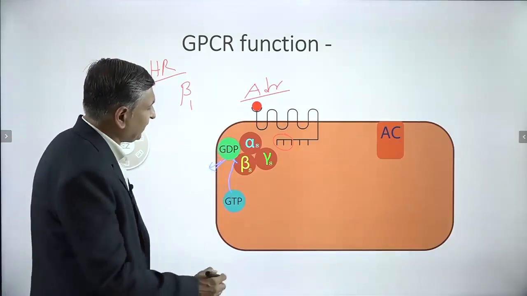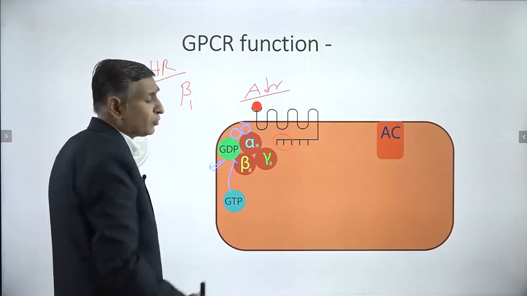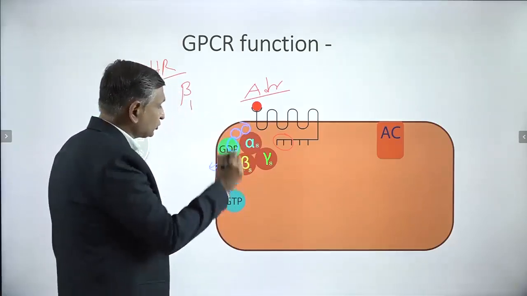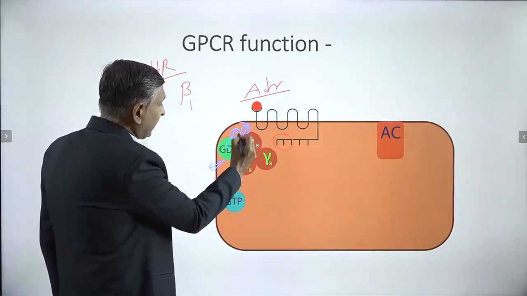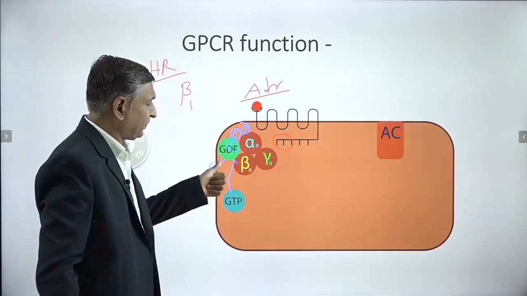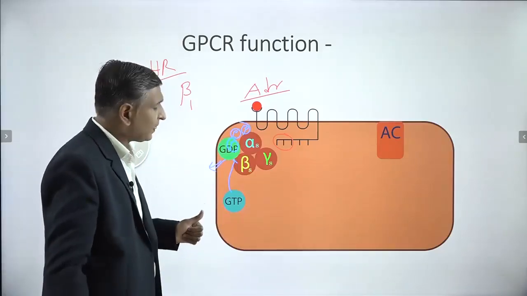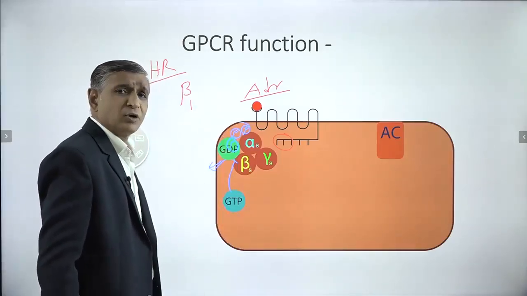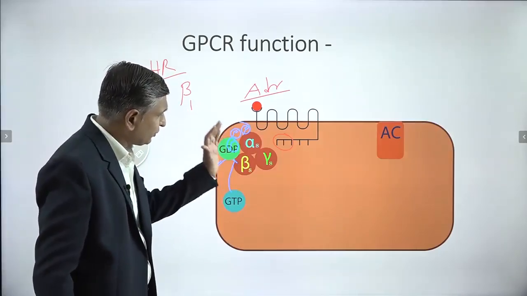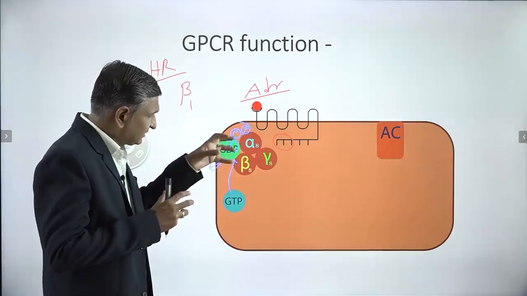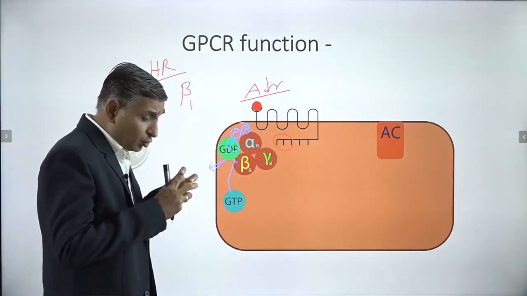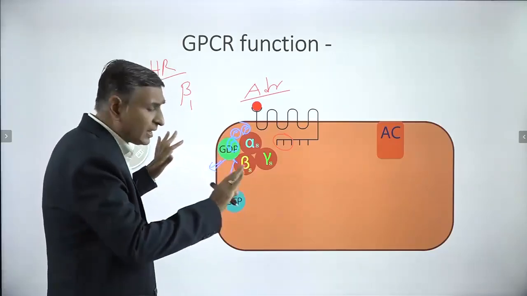Actually, GDP means there are two molecules of phosphate and one molecule of phosphate is going to add. And this is how that GDP converts to GTP, and this additional phosphate molecule is going to stimulate this trimeric protein, and due to its high energy, it gets cleaved.